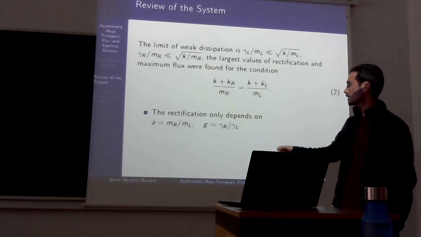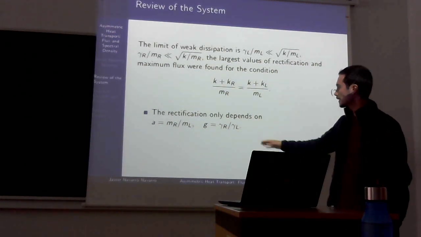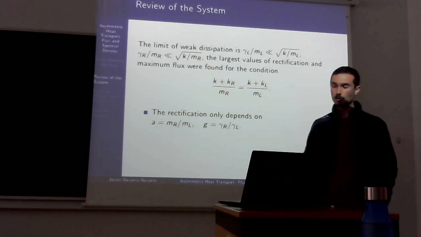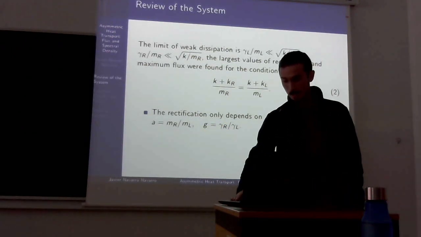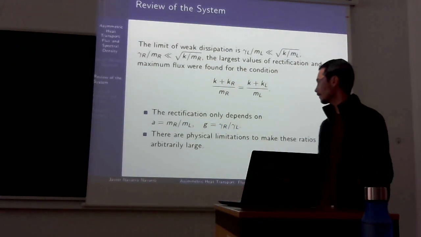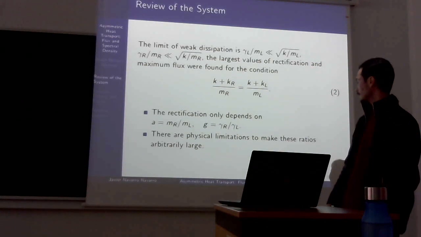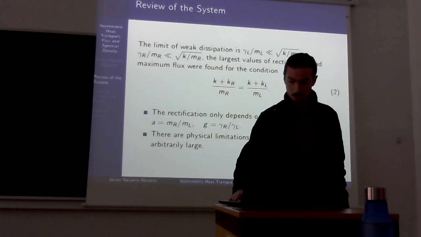That makes sense, since when we have more asymmetry, these ratios are going to be big and we are going to have more rectification. But we have physical limitations to make these ratios as large as we want.